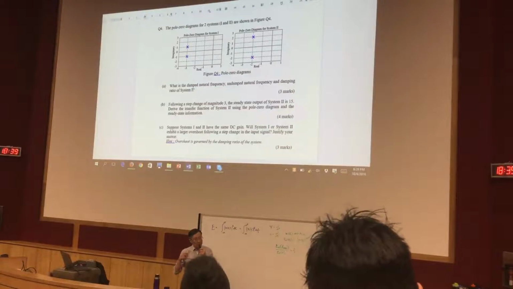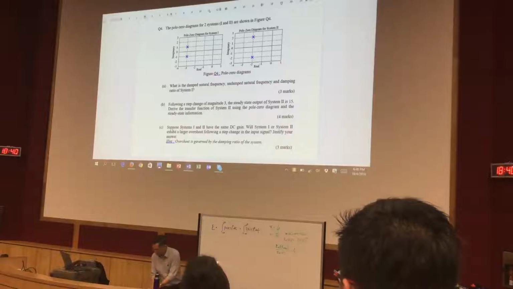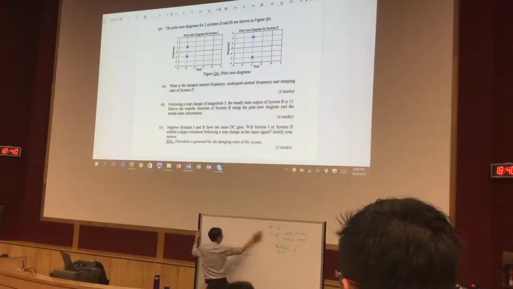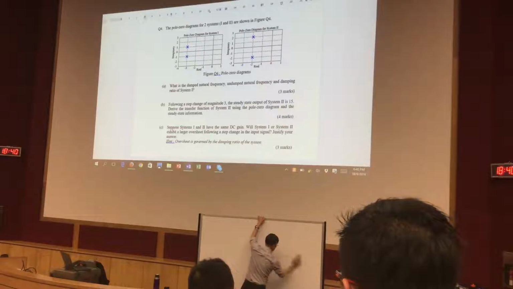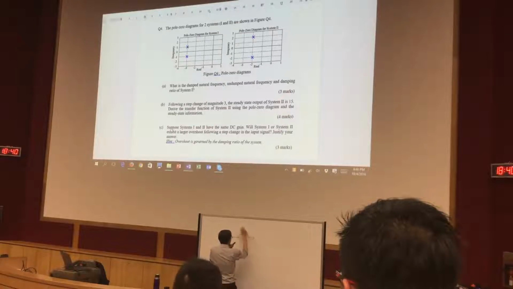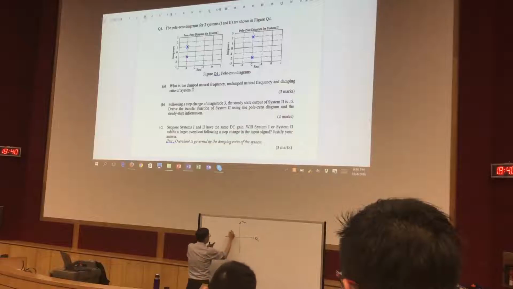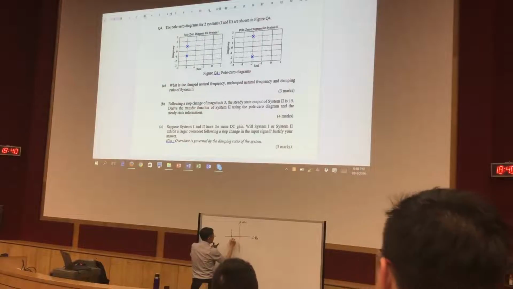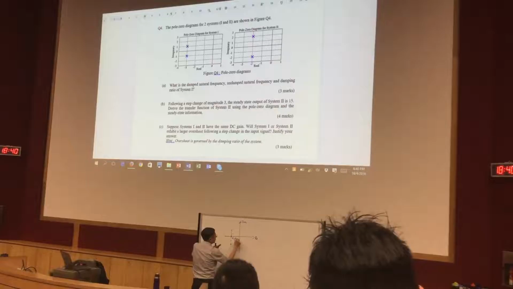Now, if you go back to your notes, you will recall that when I draw my poles, okay, if these are my poles, this value here is sigma, which is zeta omega n, right?